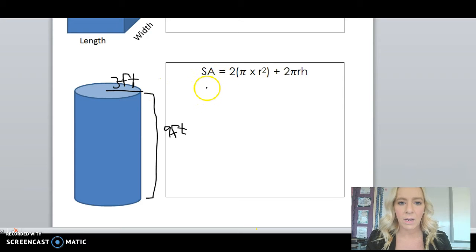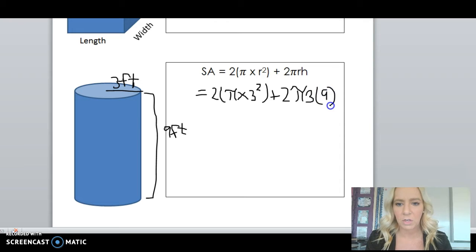Alright, so surface area equals 2 times pi, which we'll use 3.14, times my radius, which is 3, squared, plus 2 times pi times 3, which is my radius, times 9, which is my height.